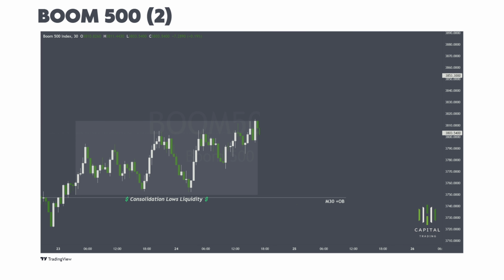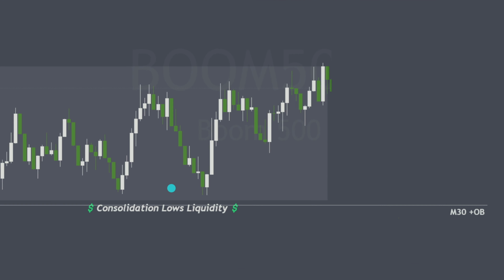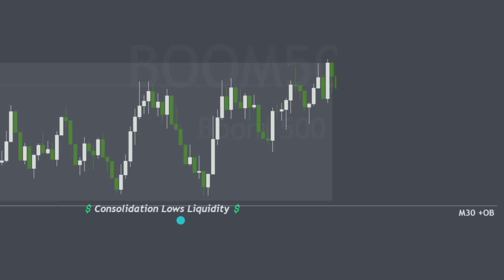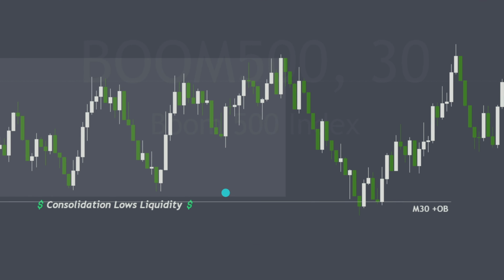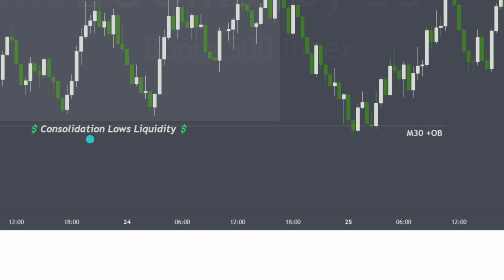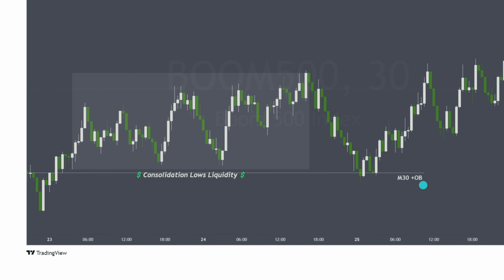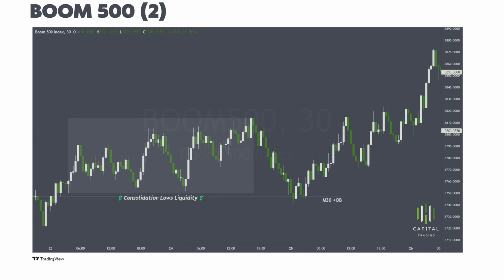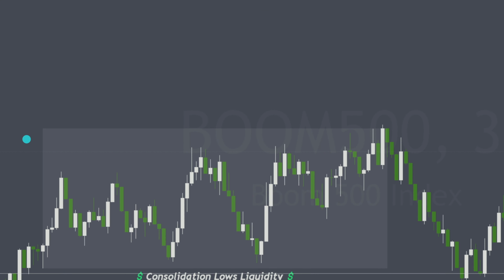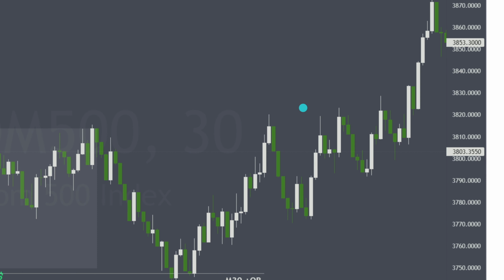So what we want to see is, are they going to reach into our consolidation low liquidity and also find support over our bullish order block? That's what they did here. They drove price down and then took out the consolidation low liquidity, also found support on this bullish order block and pushed price to the upside till they reached into the consolidation high liquidity.